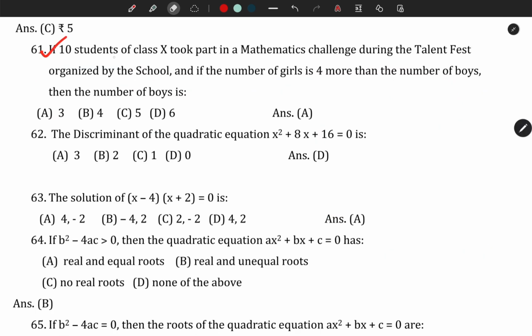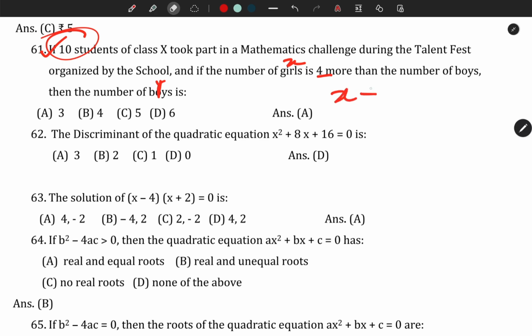Question number 61. If 10 students of class 10 took part in a mathematics challenge during a talent fest organized by the school, and if the number of girls is 4 more than the number of boys, so let's take girls to be x and the number of boys to be y. So first we have 10 students. Students means girls together with boys.